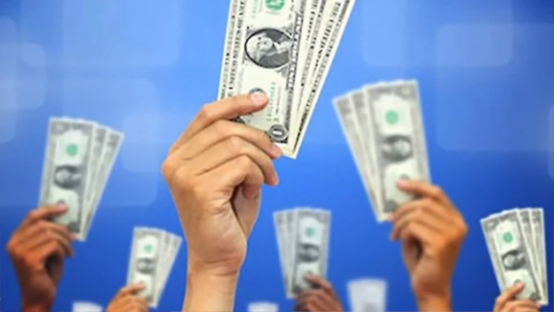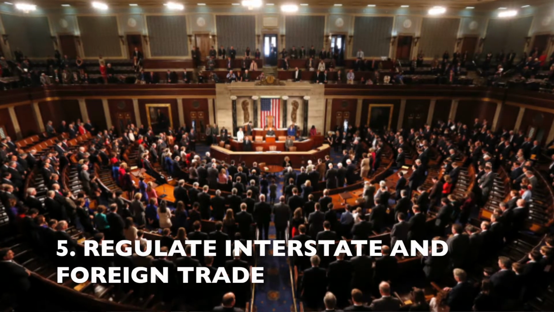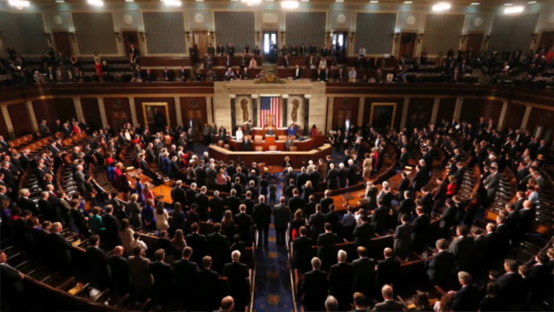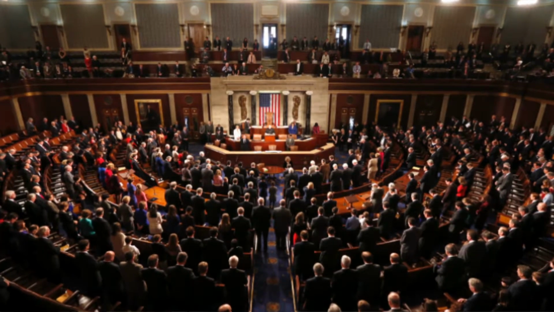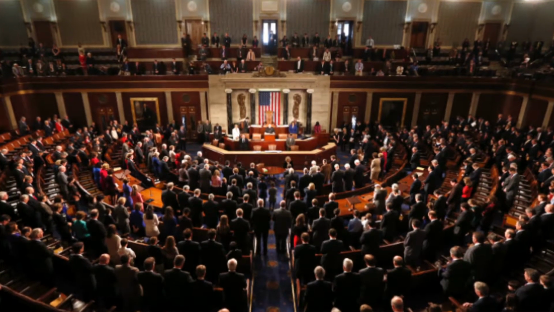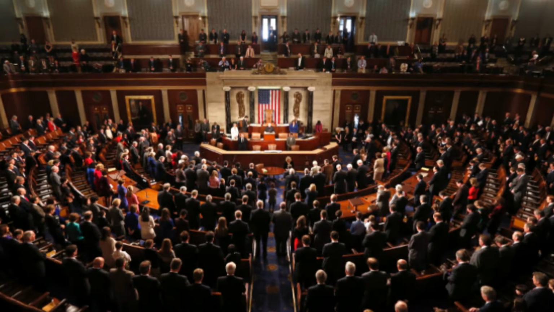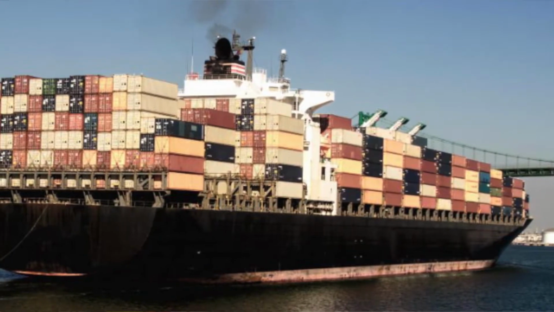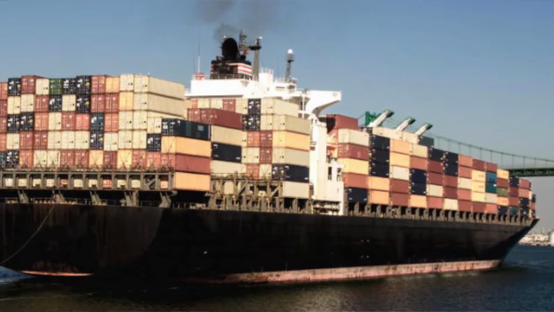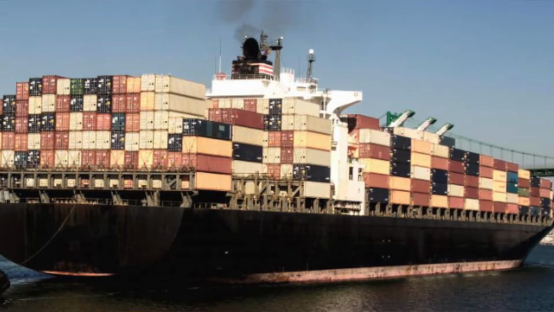Then we got the other power is regulating interstate and foreign trade. What does this mean, Mr. Squire? What this pretty much means is that Congress monitors what goes in the United States and what goes out of the United States. For example, products that are sold in the United States, they also are sold out of the United States.